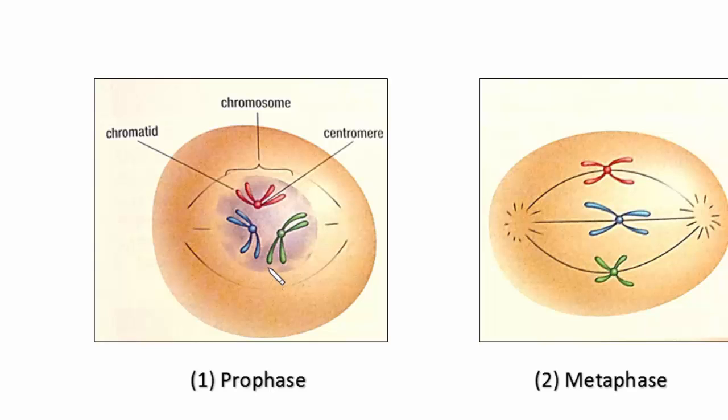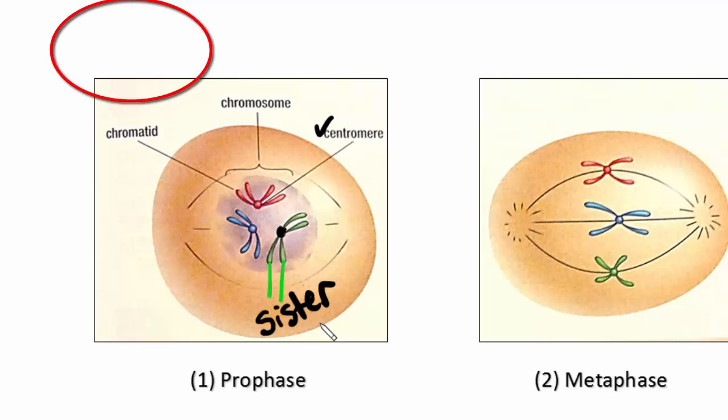So if we look at this green one here, we see a worm-like thing there and another one there. Both of these are chromosomes, but at this point, when they are joined in the middle, this structure here, I'm going to darken this one in here. This is labeled as a centromere. This is a structure that holds together the two replicated chromosomes, and because they are identical to each other, they're copies, these are called sister, and I'm going to get you to label this as well, sister chromatids.